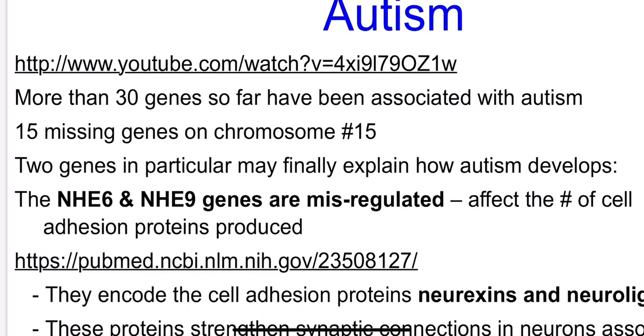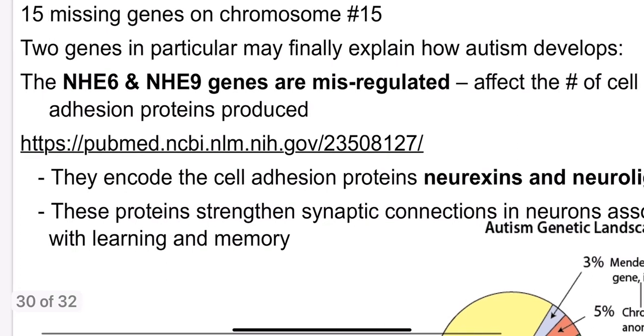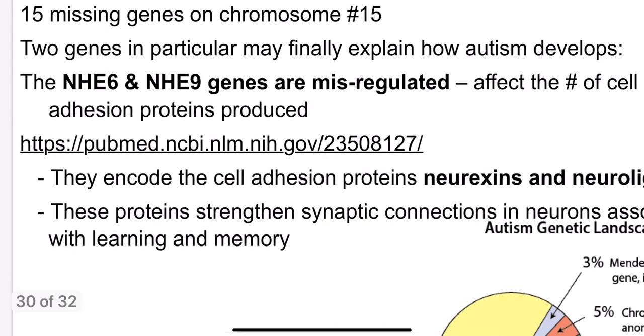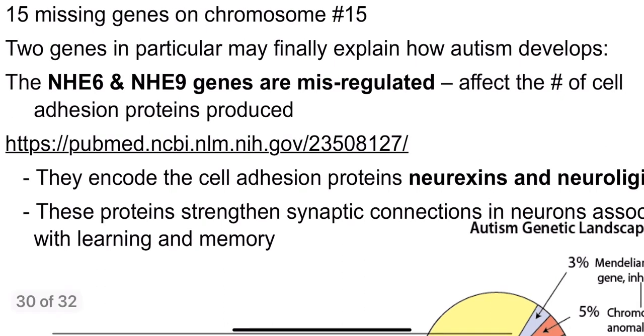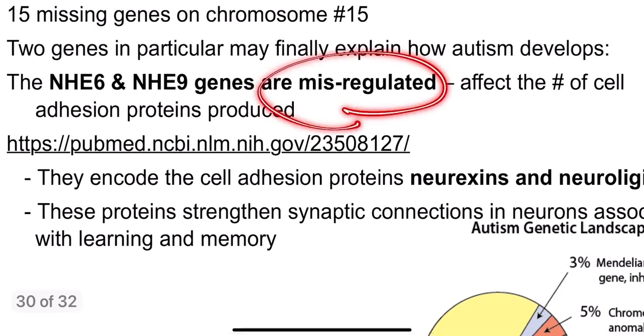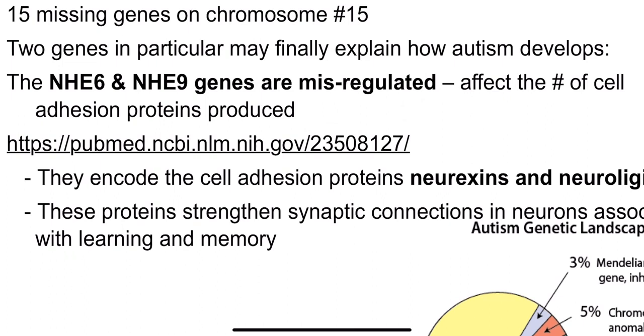2 genes in particular may finally explain how autism develops. We're not quite sure how that develops yet. These genes are called NHE6 and NHE9. And what happens is that these genes seem to be misregulated. In other words, the regulation is not normal.